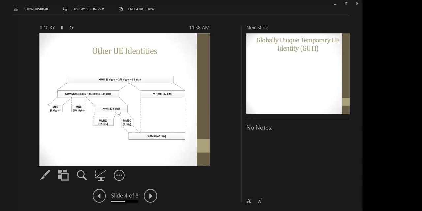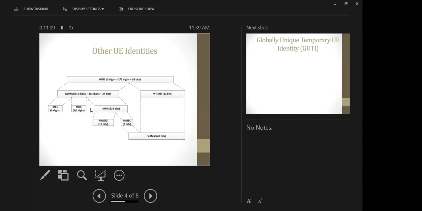Once again, all MMEs under, say, an operator in any country, which may be a large country, will have a unique MMEI, and that has 2 parts. Different MME groups are created so that each group has a number, and under a group there are multiple MMEs, each with a number. That's how you have a unique number.